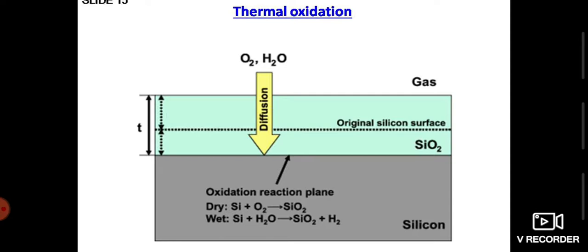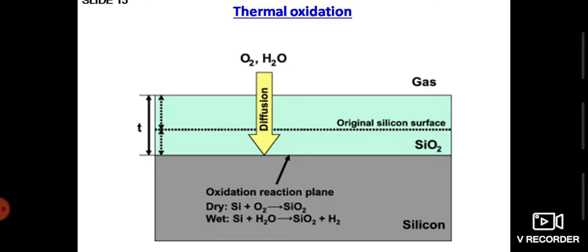So you can see in this figure that dry oxygen, O2, or H2O, that is water vapor, either one, is diffusing from the gas into the silicon layer and chemically reacts with silicon, therefore forming silicon dioxide.